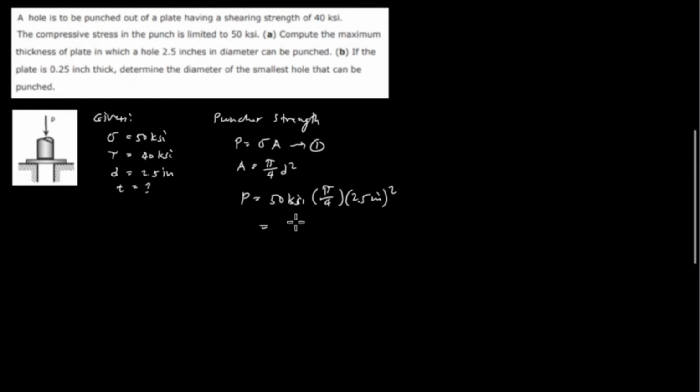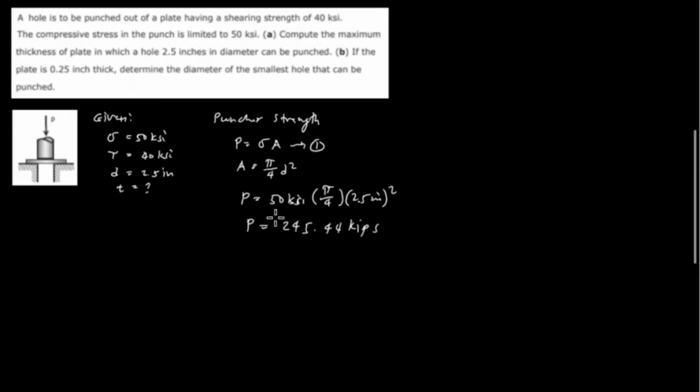So P is equal to 50 times pi times 2.5 squared all over 4, and the value is 245.44, and it is in kips or kilopounds, and that's for puncture strength.